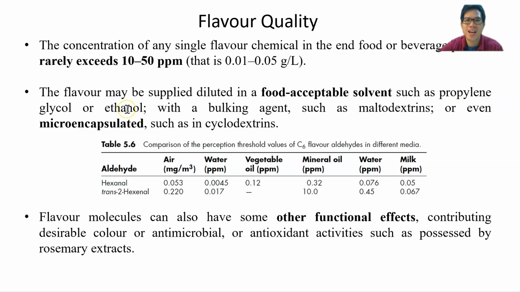Sometimes you can dilute in ethanol, or it can be diluted with a bulking agent like maltodextrins, or even microencapsulated. Microencapsulation usually has a protective effect, which means that it protects the flavor from degradation, usually from oxidation.